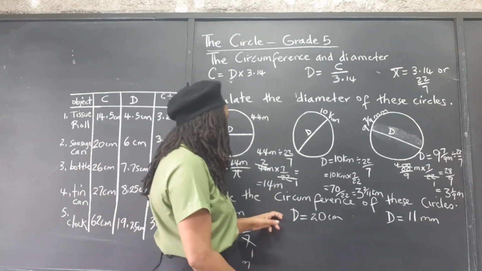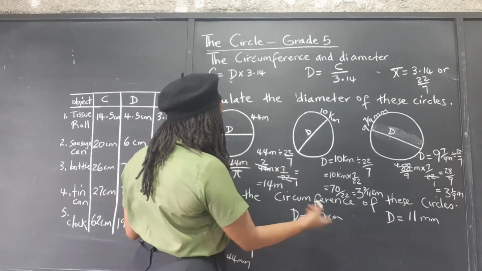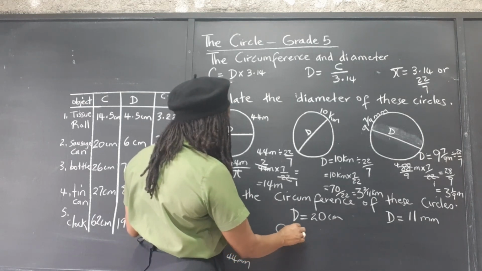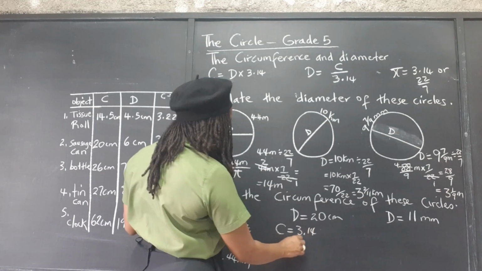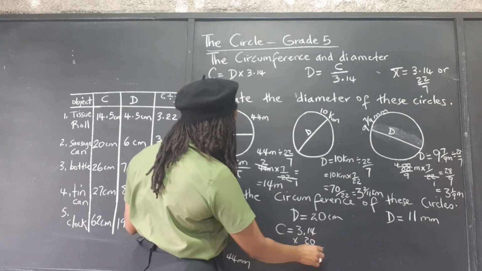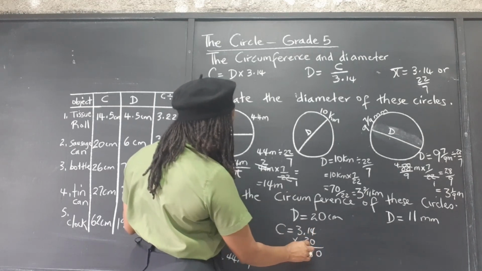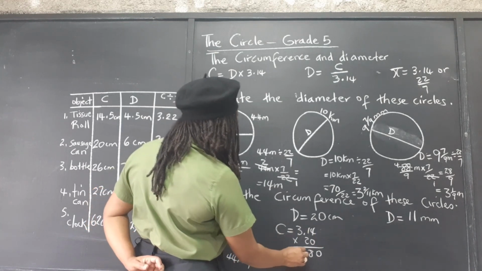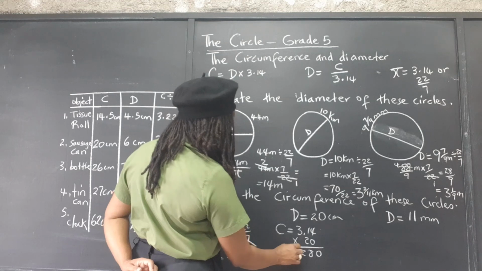The diameter is 20, so let's use the 3.14. So the circumference would be 3.14 times 20. 2 4s are 8, 2 1s are 2, and 2 3s are 6.